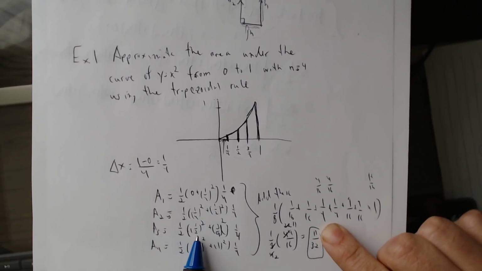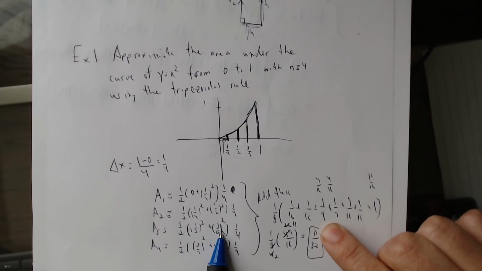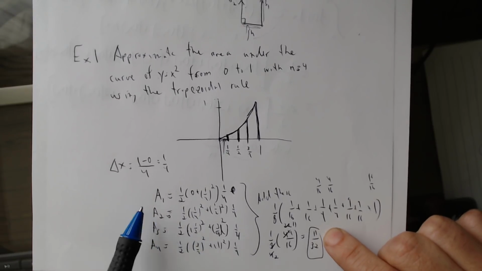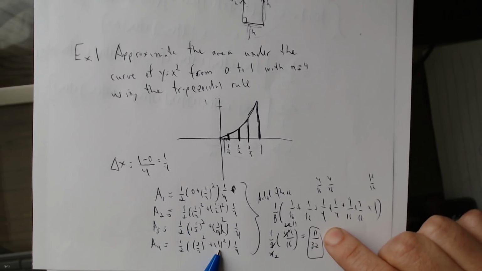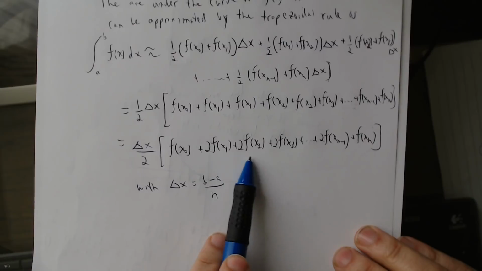And then look at the third trapezoid. It has the same base as that one did, but it also has 3/4. And then the last trapezoid had the same base as the one prior to it, and then the last side. Notice, the only sides that are not shared are the first one and the last one. Other than that, everything else we're performing twice, hence that's where these 2's come from.